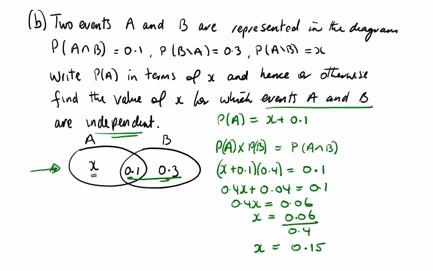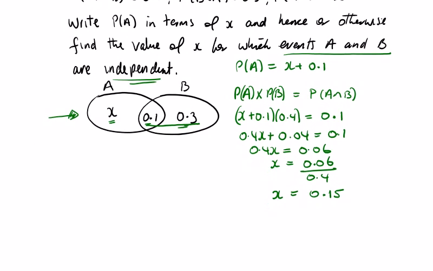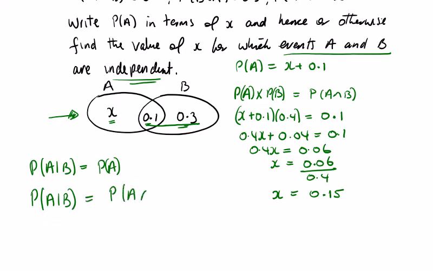We could also use conditional probability, where the probability of A given B would have to be equal to the probability of A. And the probability of A given B is equal to the probability of A intersection B over the probability of B. And that would have to be equal to the probability of A, which we have up above as x plus 0.1.